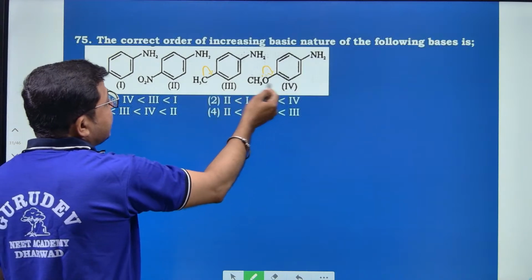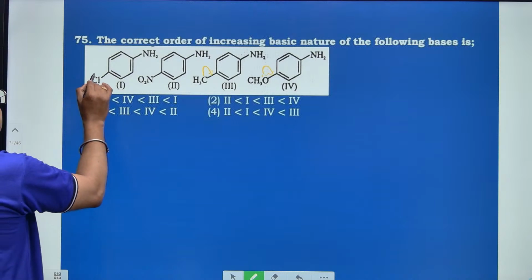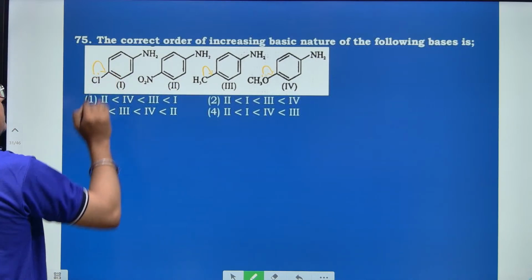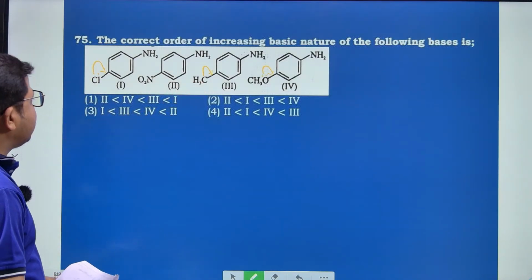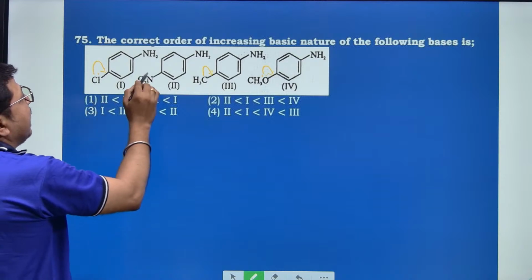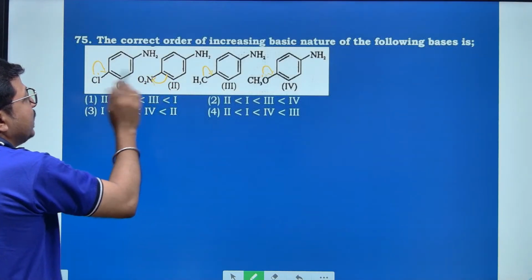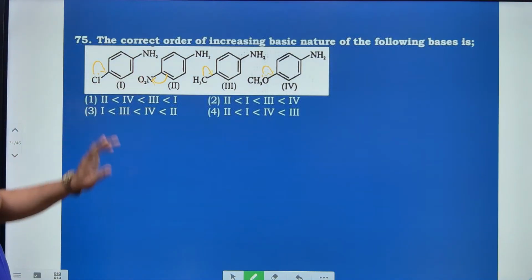It is more basic as compared to the third one. Cl is less basic compared to CH3, as it is only partially electron donating, and this one is an electron withdrawing group due to the presence of the NO2 group in the para position.